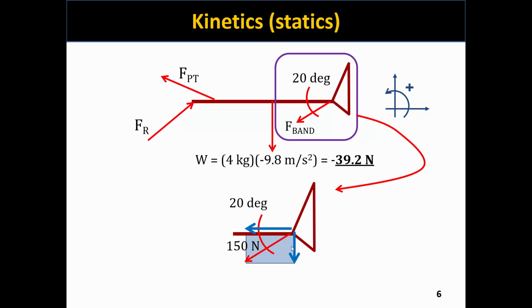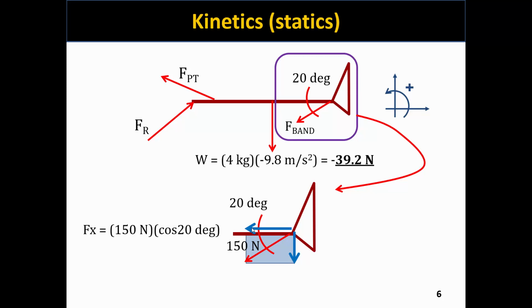Now I'm going to move forward and actually calculate the length of this vector and the length of this vector. I'll start with the vector in the x direction. We know that this vector is going to be proportional to the magnitude of the resultant, 150 newtons, but it's going to be part of the 150 newtons.